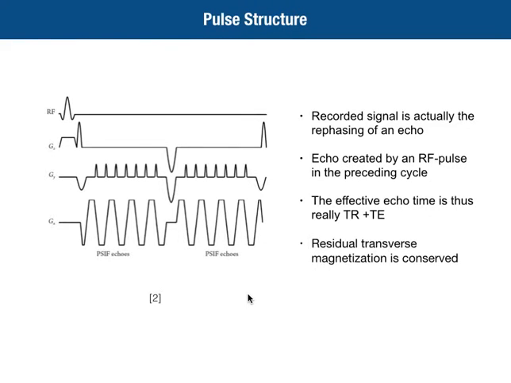And that's why the effective echo time for our pulse sequence is TR plus TE, because to be able to see the effect of the RF pulse in the previous cycle, we have to wait TR time, and TE is our conventional time duration that has to pass. That's why TR plus TE is an effective echo time for this pulse sequence, and residual transverse magnetization is conserved because of the RF pulse structures.